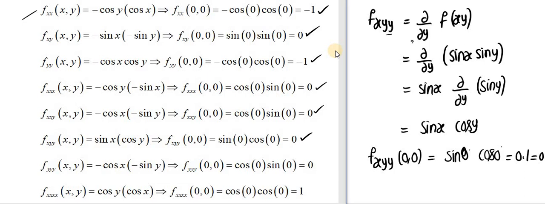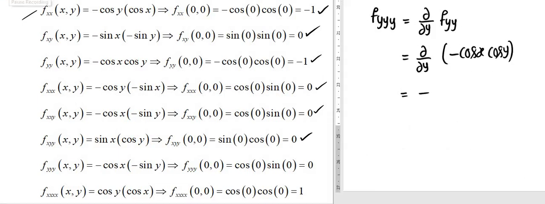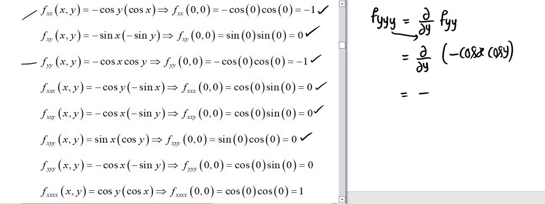Now we want to find out f triple y. So f triple y means partial differentiation of f double y with respect to y. Already we know the value of fyy, that is minus cos x into cos y.